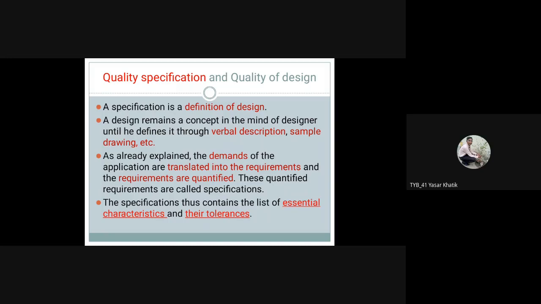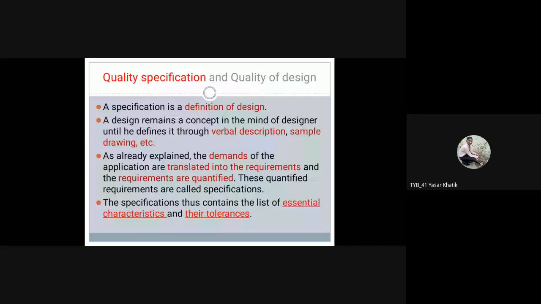First, you have to find out the basic requirement and needs of that product as well as the demand for that product. Once you have these two things in a single product, you have to go for the actual designing and manufacturing, and the requirements are quantified. Once you get these two things, then you can quantify it. Yes, you can go for the next step, design, then production, likewise.